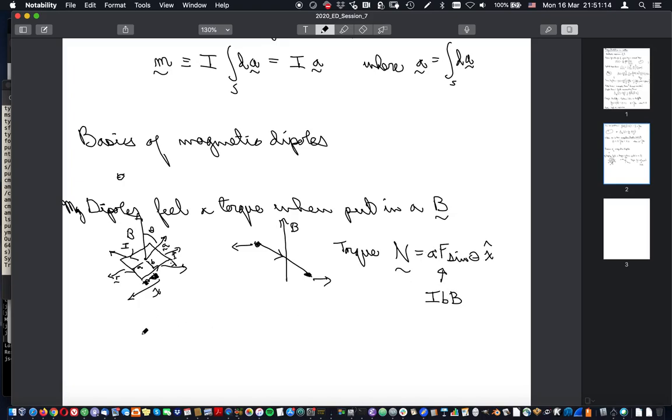Okay, but in better notation, my torque N is equal to the magnetic dipole moment M cross the magnetic field B, where in this case M is just really this quantity that I have here, right?